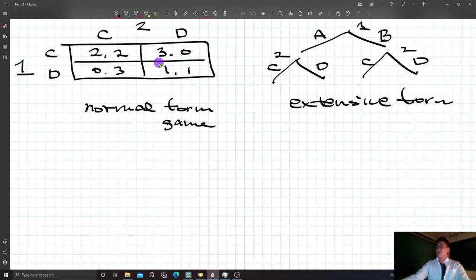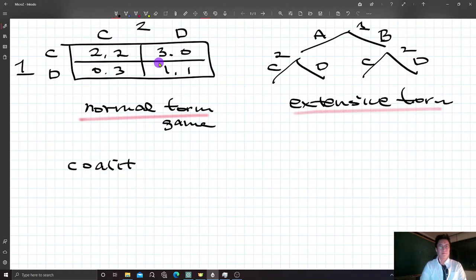But cooperative game theory is quite different in that sense. As its name suggests, cooperative game theory focuses on players' cooperation motive, cooperation incentive. So the way to put the game is quite different. It is neither normal form nor extensive form. It is called coalitional form or characteristic form.